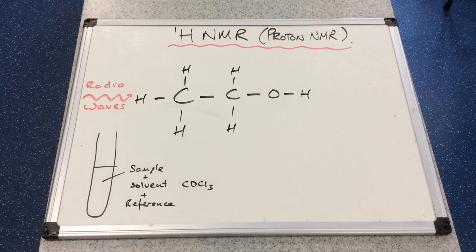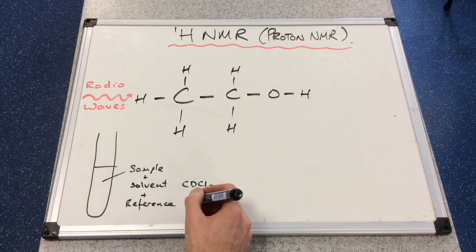Remember, deuterium has an even number of nucleons, that's the particles in the nucleus, so their nuclei don't possess the property of spin, and so they won't give a signal in an NMR spectrum.